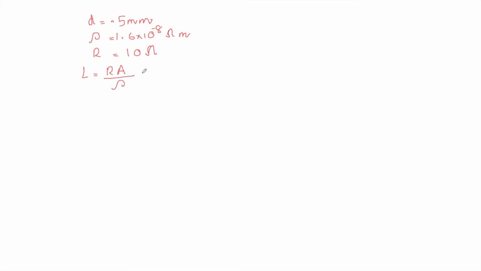Okay, so the resistance is given 10. And what about the area? Area we should use here pi r square. Okay, pi r square into 1.6 into 10 raised to minus 8. So finding the radius means what? Diameter by 2. That means 0.5 by 2. Again it is in millimeter.